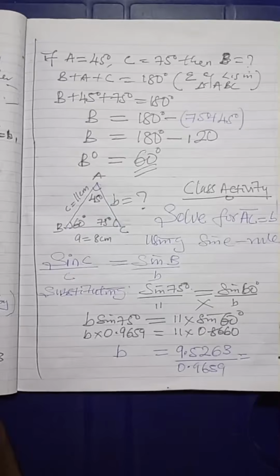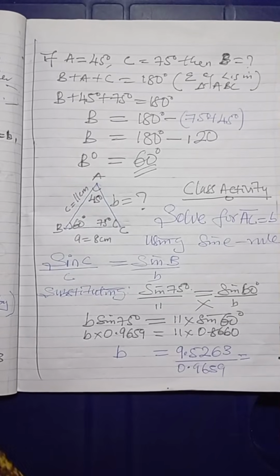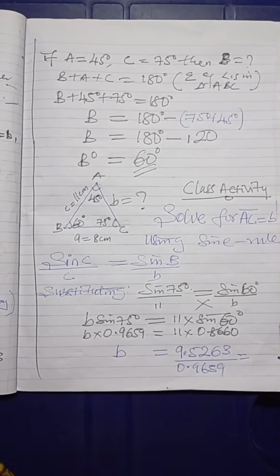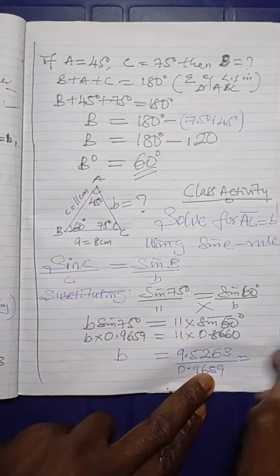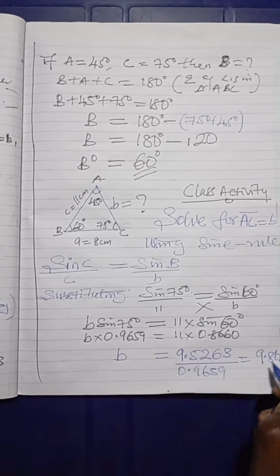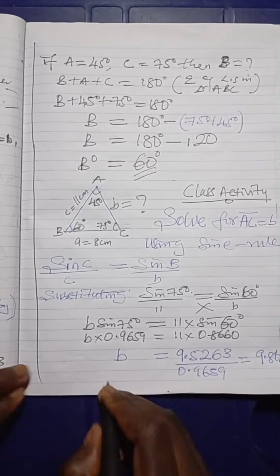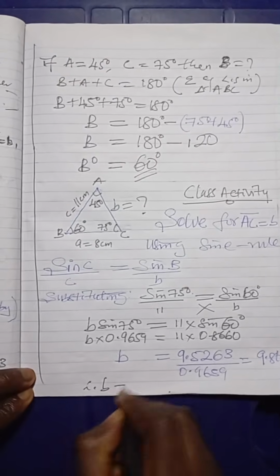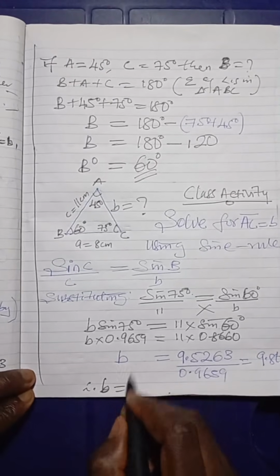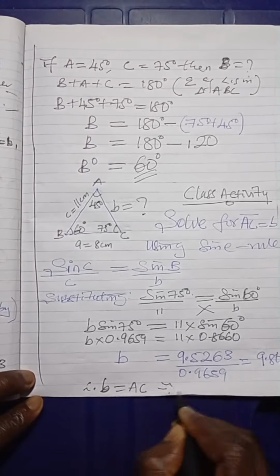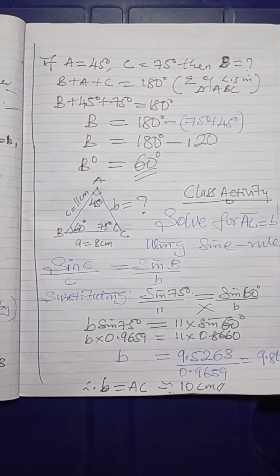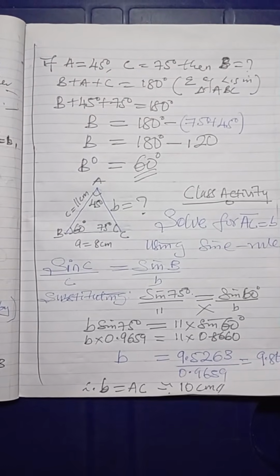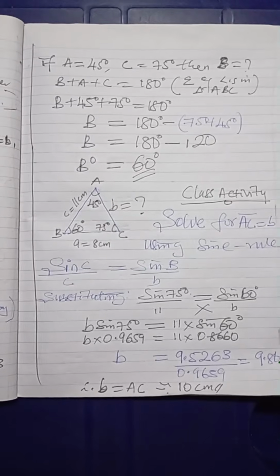What is your answer? You have 9.86. Therefore b, which is length AC, is approximately 10 cm. So AC is 10 cm.